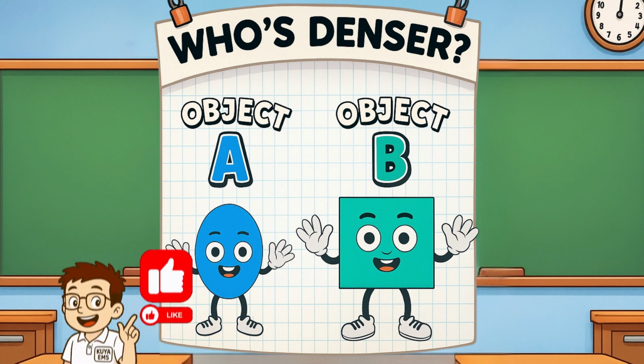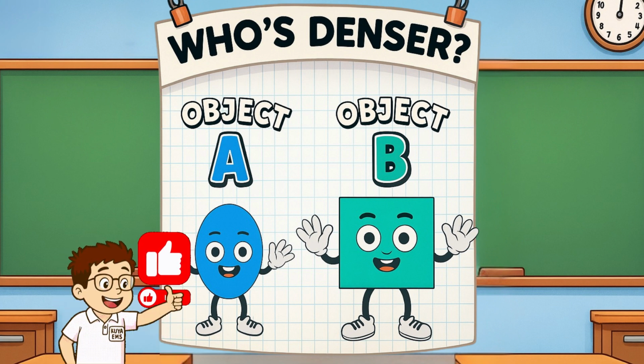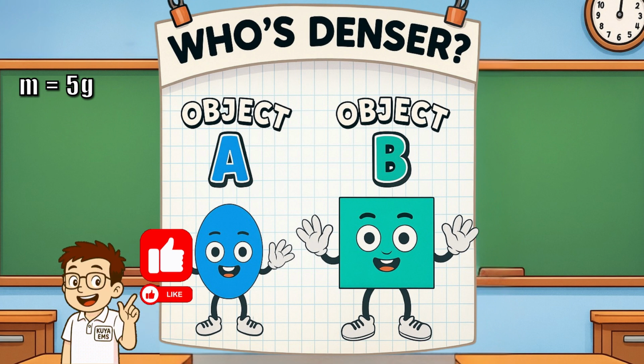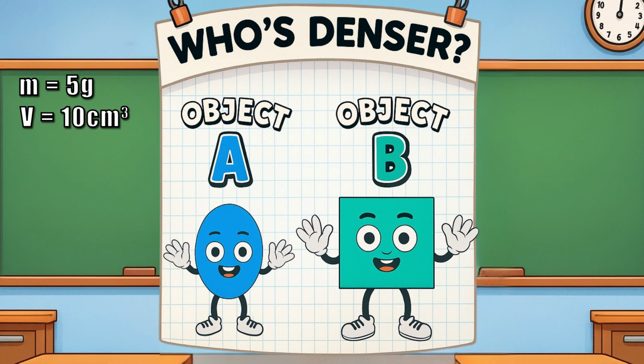We have two objects and let's compare their densities. Object A has a mass of 5 grams and a volume of 10 cubic centimeters, while object B has the same volume, which is 10 cubic centimeters, but a mass of 10 grams. Which one is denser? Let's get both of their densities.